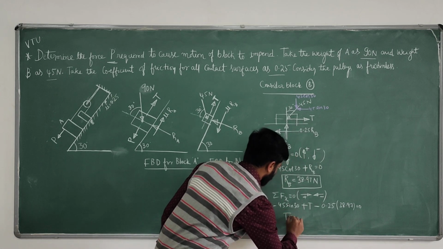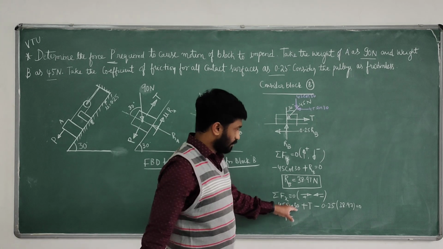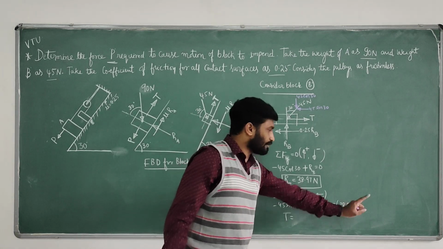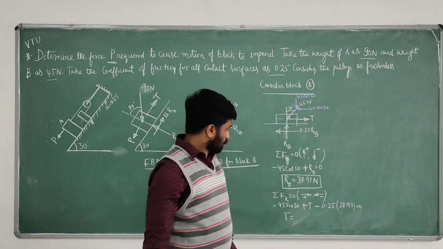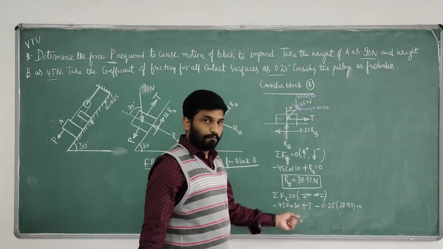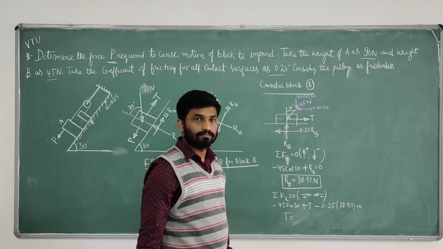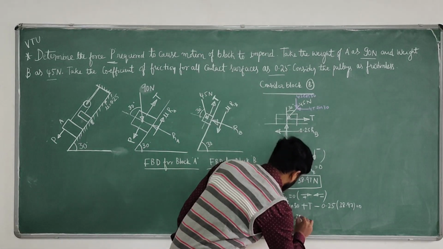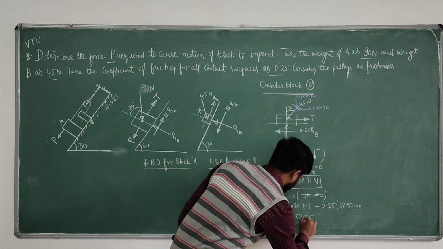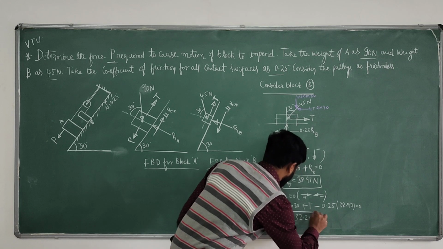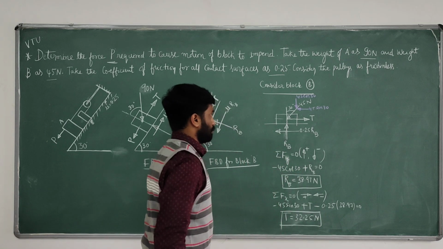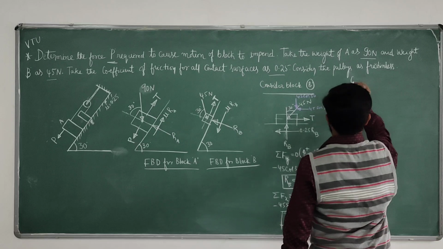So what is T value? T equals 45 sin 30 plus 0.25 times of 38.97, which is 32.25 Newton.